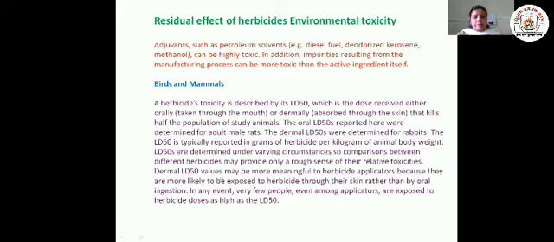The dermal value may be more meaningful to the herbicide applicator because they are more likely to be exposed to the herbicide through their skin rather than by oral ingestion. In any event, very few people, even among applicators, are exposed to herbicide doses as high as the LD50.